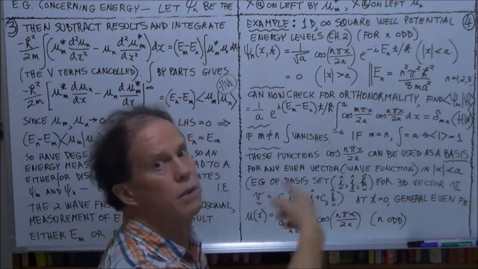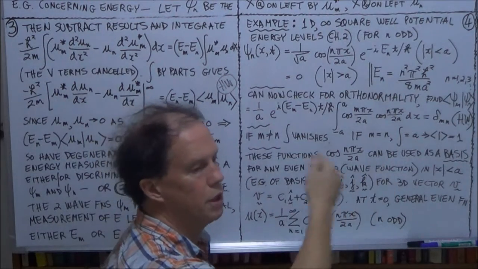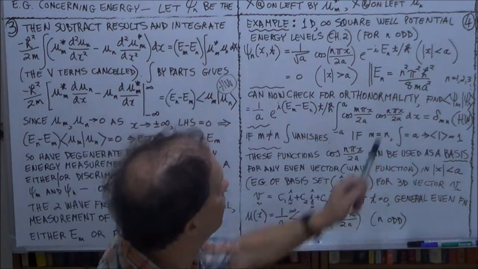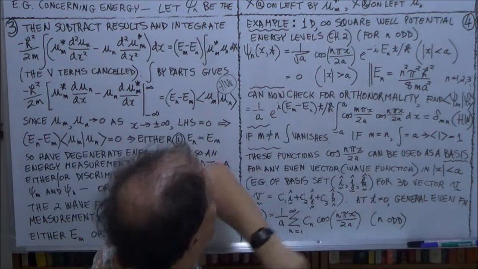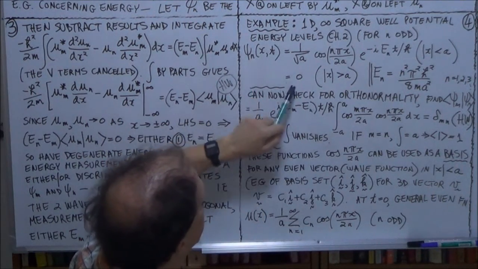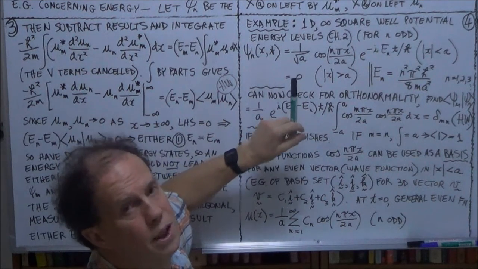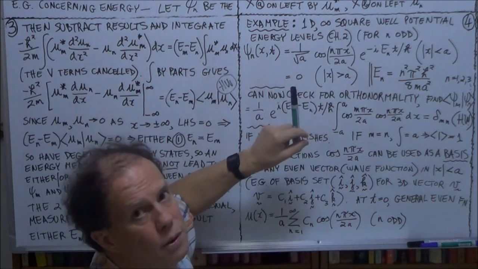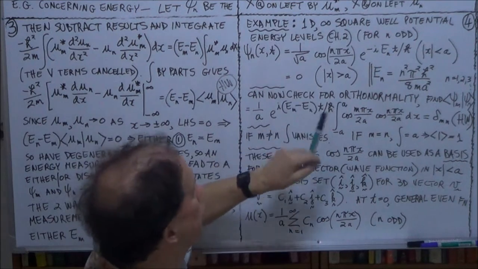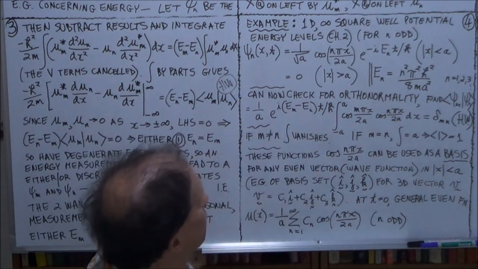The width of your well is 2a, so it ranges from minus a to plus a. So they're the allowed energies. And your psi function is zero outside that range, because the potential is infinite. It's impenetrable. No wave function can get in it. So it has to be zero outside that range.